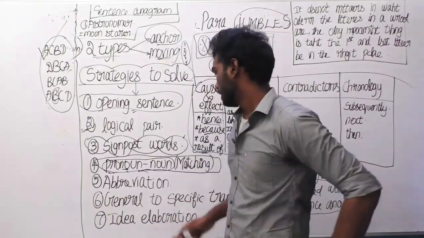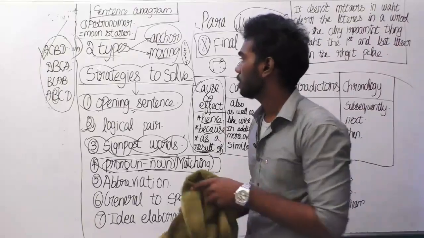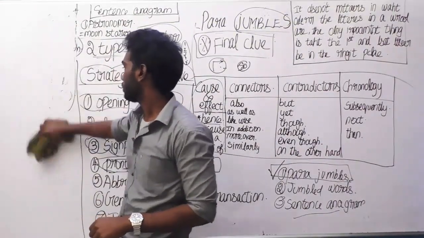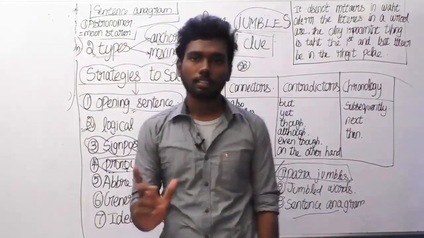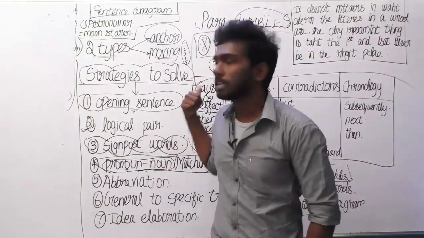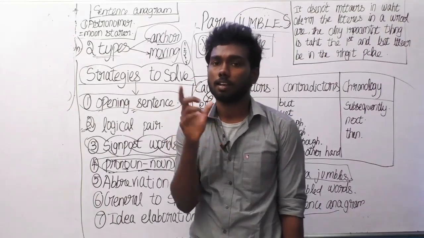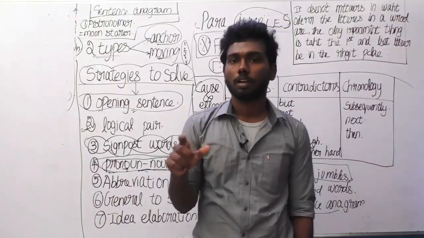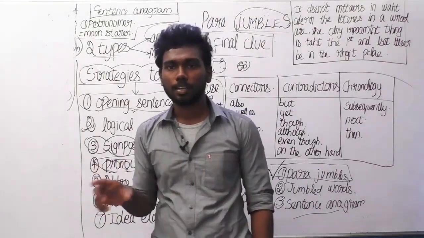The next thing is abbreviation. What clue may you get in abbreviation? The clue you are going to get when solving this type of parajumble question is this. For example, if you have a full sentence, they provide something like human immunodeficiency virus, and in brackets they will give HIV in the first sentence.